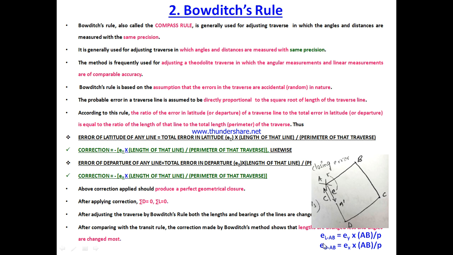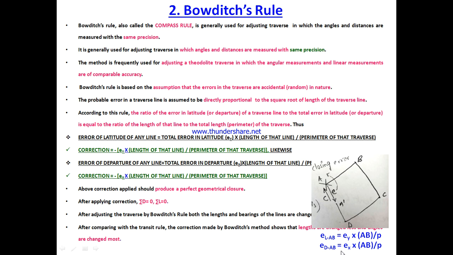So this will give me the value of error in the latitude of AB. Similarly, error of the departure of any line, say AB, can be calculated as this line. Departure, as you can connect from the last lecture, is the orthographic projection of the traverse line in the direction perpendicular to the meridian.